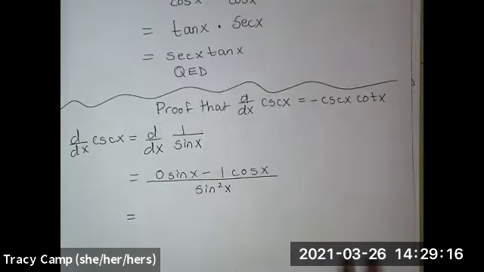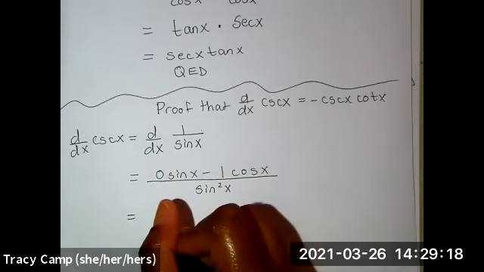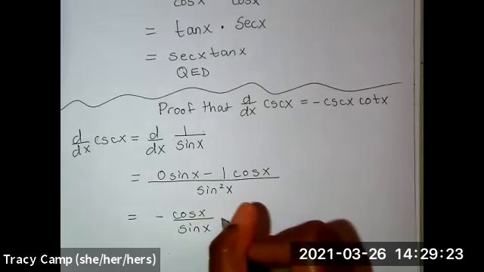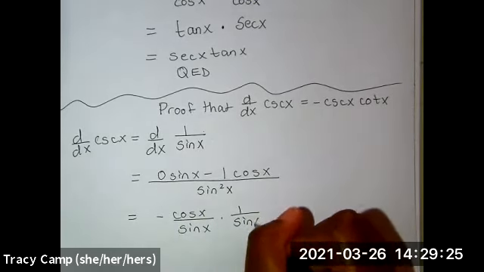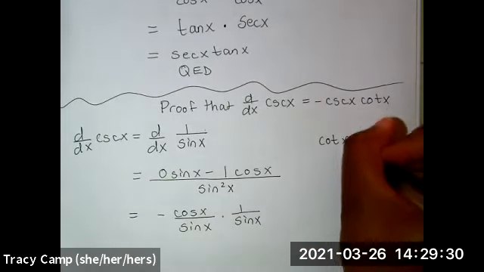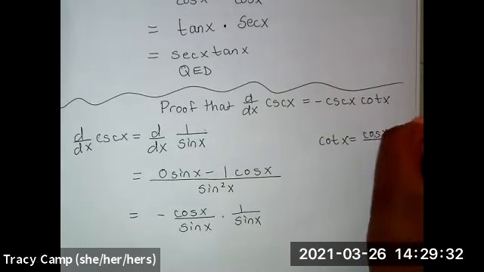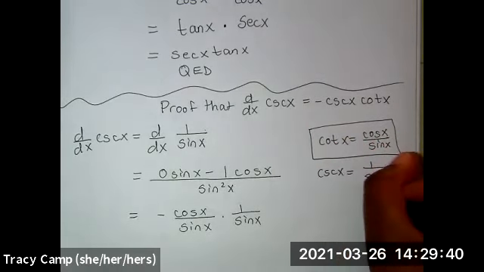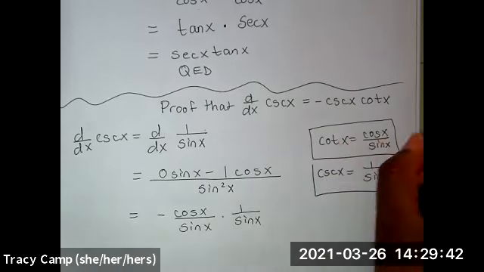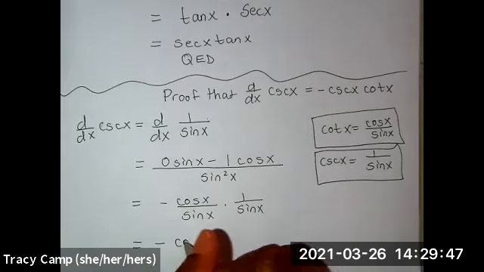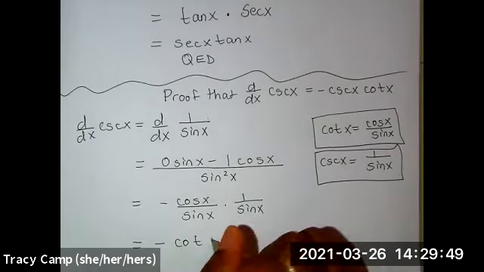0 times sine, that's just 0. So we really end up with negative cosine of x over sine of x times 1 over sine of x. And once again, cotangent is the same thing as cosine over sine. And then cosecant is the same thing as 1 over sine. And so once again, we have our proof.